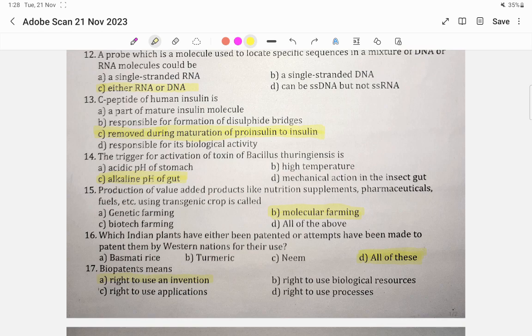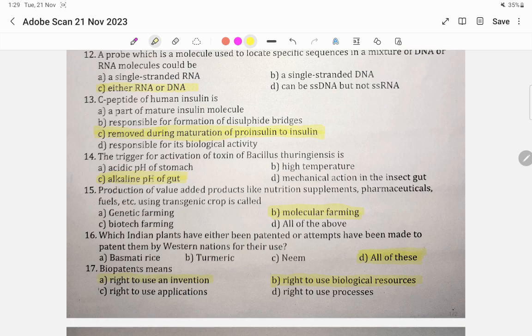So again, there is a little ambiguity. Right to use an invented biological resource would be better. Anyway, since they have used biopatenting resources, here ambiguity is there. So we'll stick on to right to use biological resources or modified biological resources.